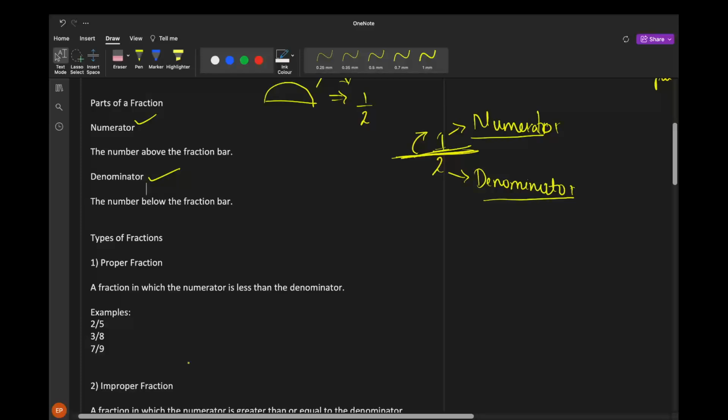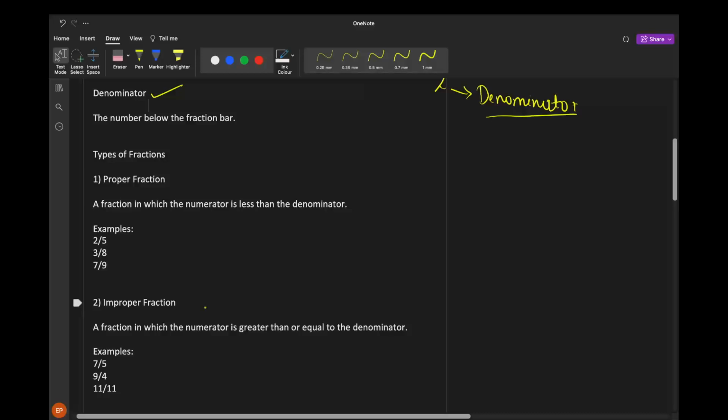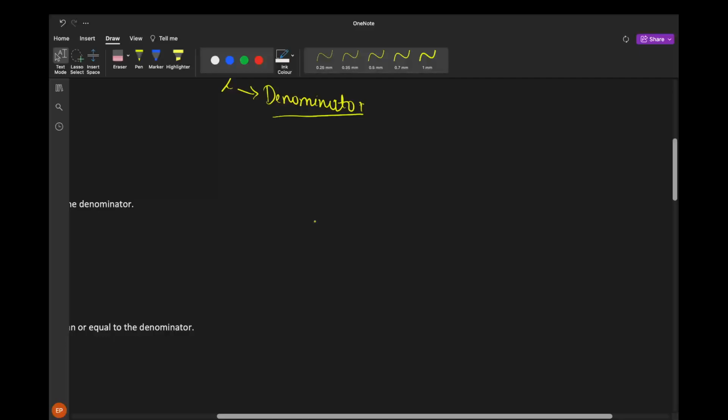In our day-to-day life we use fractions unknowingly, and there are some types, in which the first one is a proper fraction. Basically, what is a proper fraction? A fraction in which the numerator is less than the denominator. You know which is numerator and which is denominator, right? The upper part is the numerator, the below one is the denominator. Suppose I take 2 by 5.